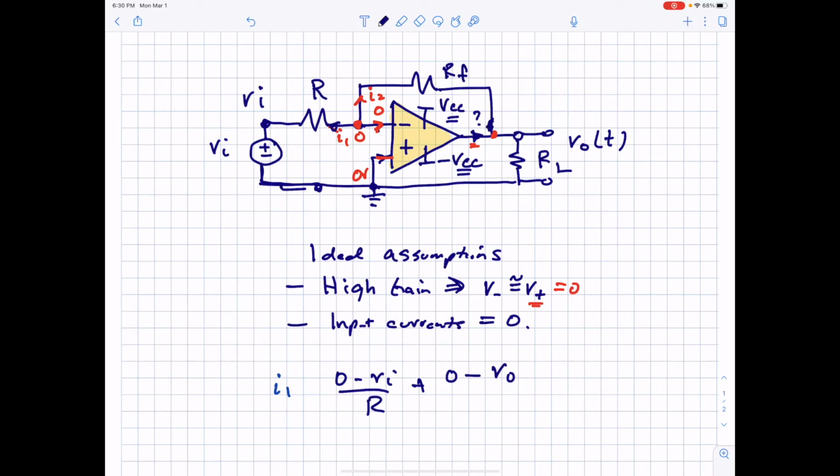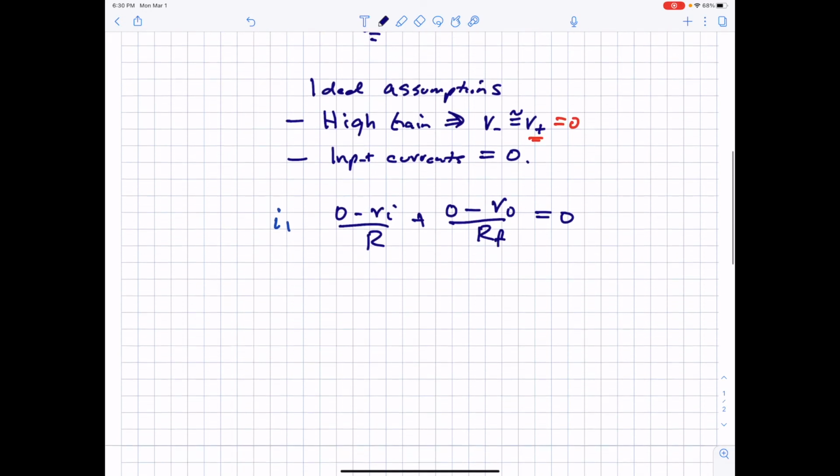This point here is tied to V out, and this point is still 0. So 0 minus V out divided by RF is current I2. And since that input current into the op amp is 0, that does it for the equation.